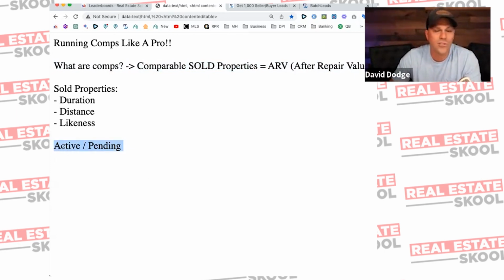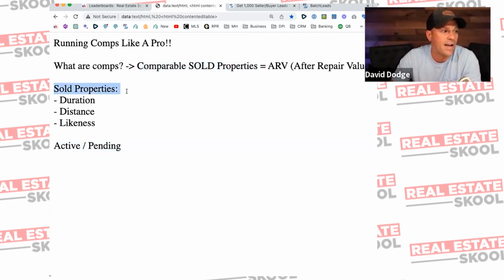But actives don't necessarily mean that they're going to sell, right? And the pendings don't always close. So again, the most important thing that we want to keep in mind here is that when we are running our comps, we want to be looking at the sold properties. So it's very, very important.